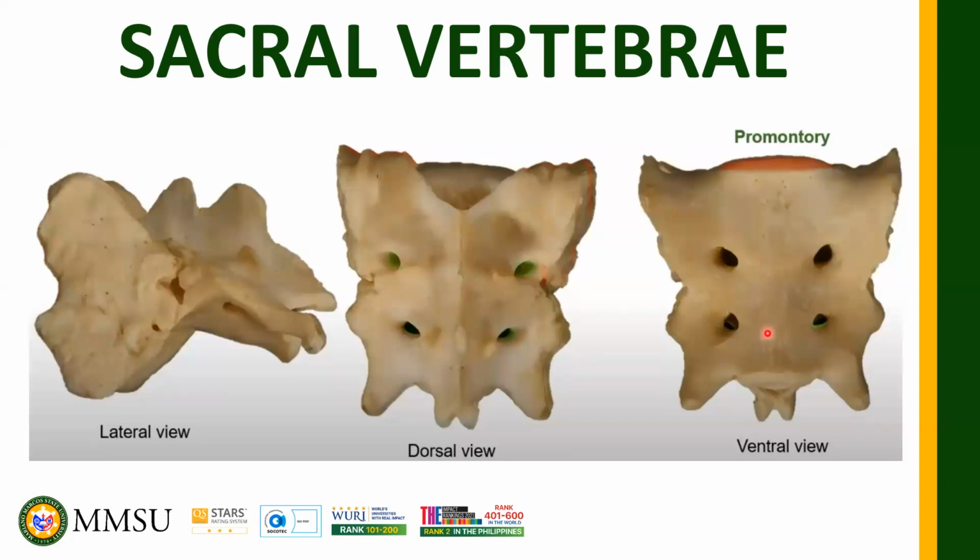So ang pinaka-important lang naman dito is during parturition ng animals natin, especially in some species, yung sacral promontory usually serves as an obstetric na landmark. So it marks the beginning of the pelvic inlet, which is the passage through which the newborn animal must pass during delivery. Okay, the pelvic inlet.